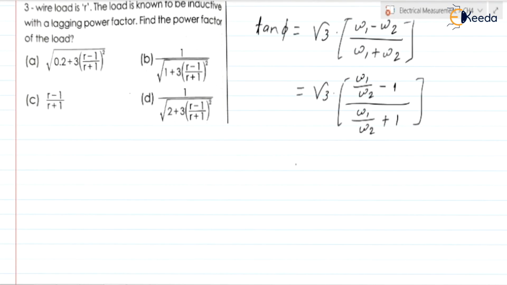Since W1 upon W2 is r, we can write root 3 into r minus 1 upon r plus 1. This is tan phi.